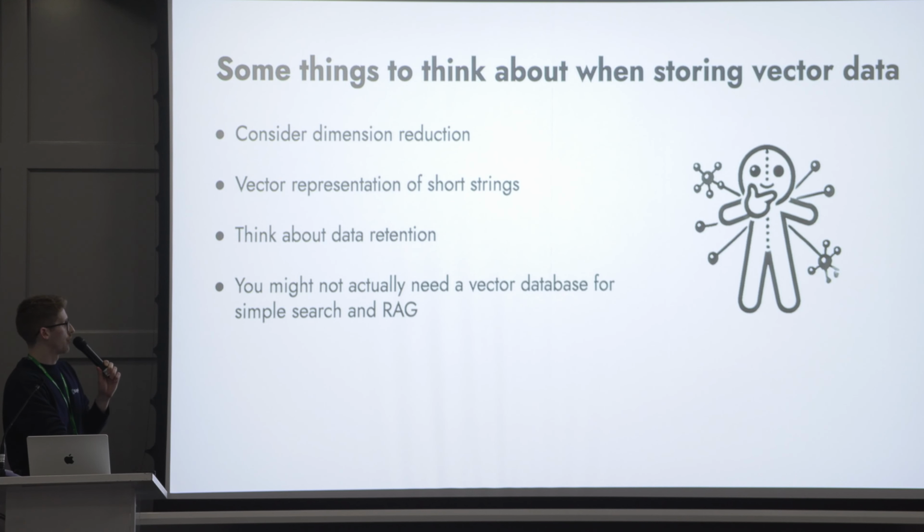And then the last thing, which is probably contradictory considering I've spent the last half an hour talking about it, is you might not actually need a vector database for what you're doing. For the simple RAG stuff that we were doing with the first couple of customers, the vector database was just a pandas data frame with a column that was the vector.